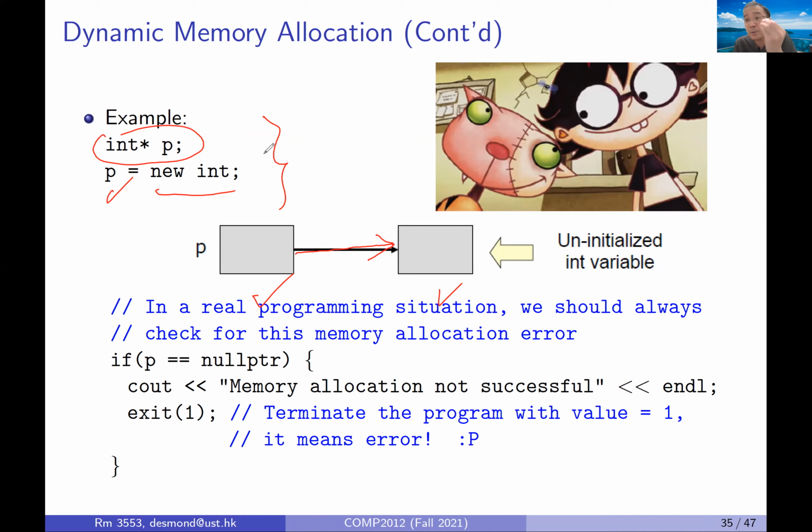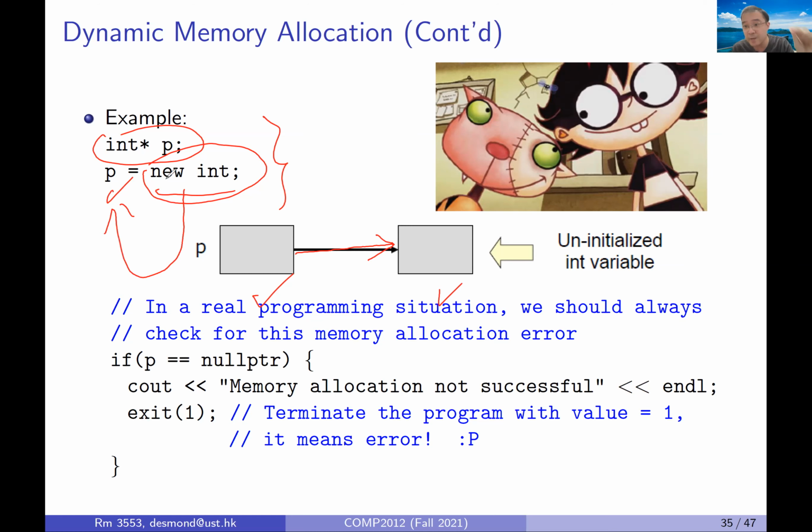But how does the computer let you know there is no more box? Everyone, if you do new int and you are running out of memory, then I cannot give you a box, right? How does the computer let you know this is the case? It returns a null pointer to you.